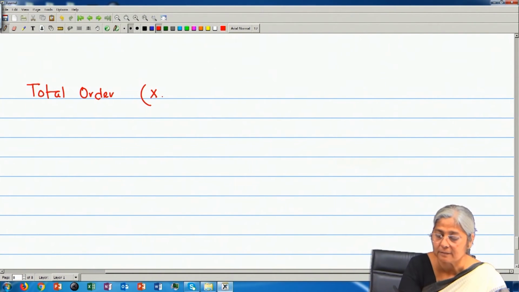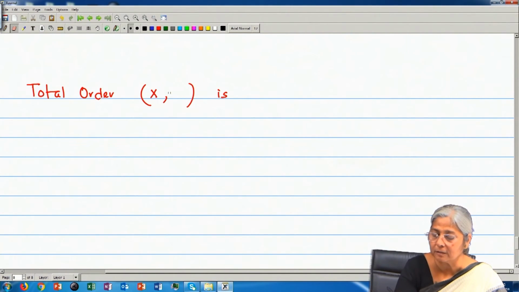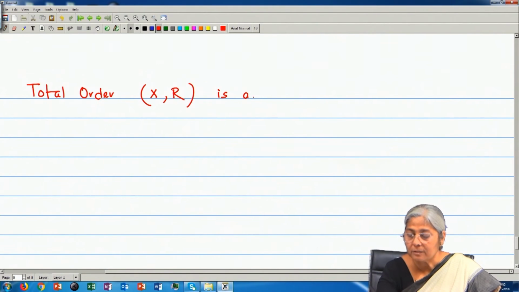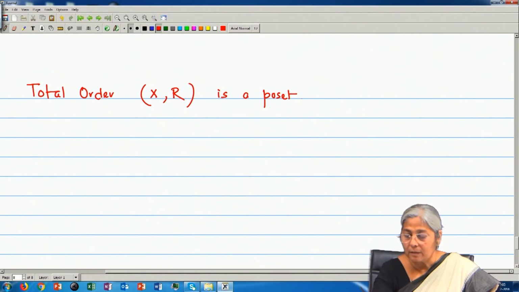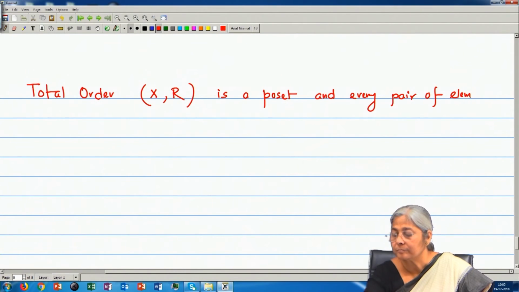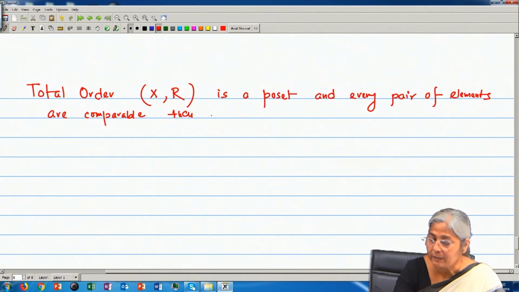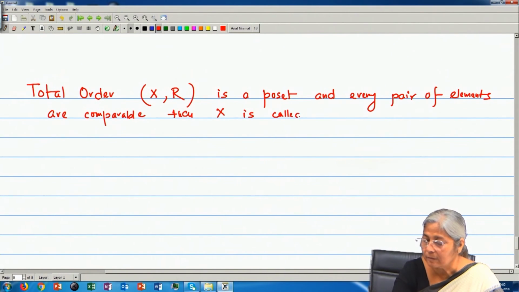Say for a set X, I give the relation R, which is a poset, and every pair of elements are comparable. Then X is called totally ordered.